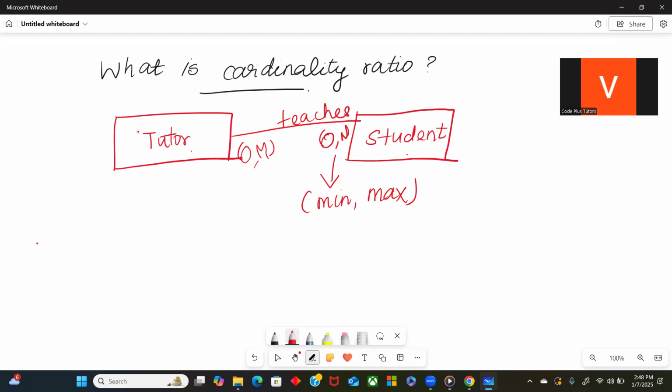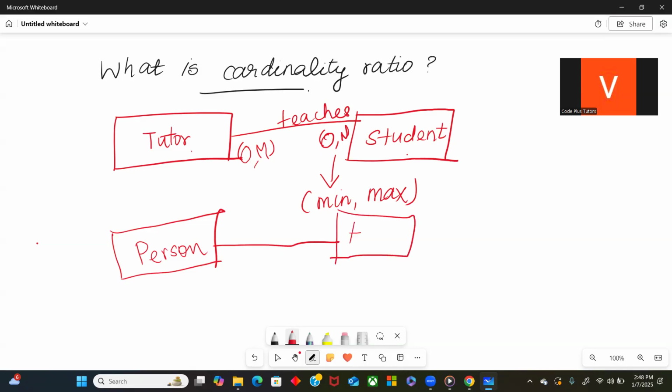If my scenario says one house will be owned only by one person, my cardinality is one. If my requirement says one house can be owned by multiple persons, the minimum is going to be one, but the maximum could be multiple, then I would change my cardinality appropriately.